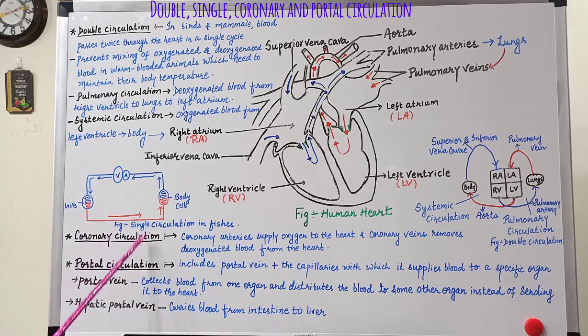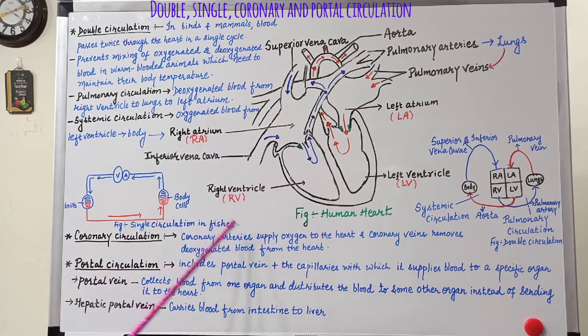It means coronary circulation includes the coronary arteries which supply oxygen to the heart. It means coronary arteries are those arteries which supply oxygenated blood to the heart, and when the heart has undergone respiration it produces carbon dioxide and the blood becomes deoxygenated or carbon dioxide rich, and this deoxygenated blood is carried from the heart through the coronary veins.